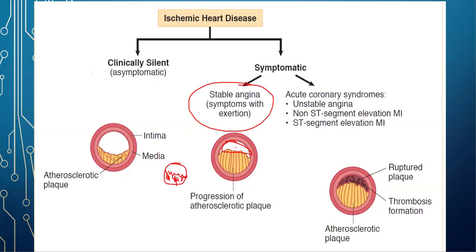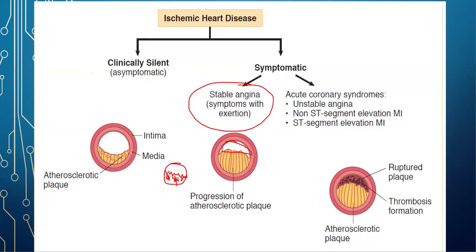So when there is excessive demand of oxygen and blood, especially during exercise, this narrowed blood pipe cannot provide enough oxygen. That's why the patient feels pain, and after they take rest, the pain is gone. So that is stable angina. Now, left untreated, this stable angina patient can turn into a full-blown acute coronary syndrome patient.